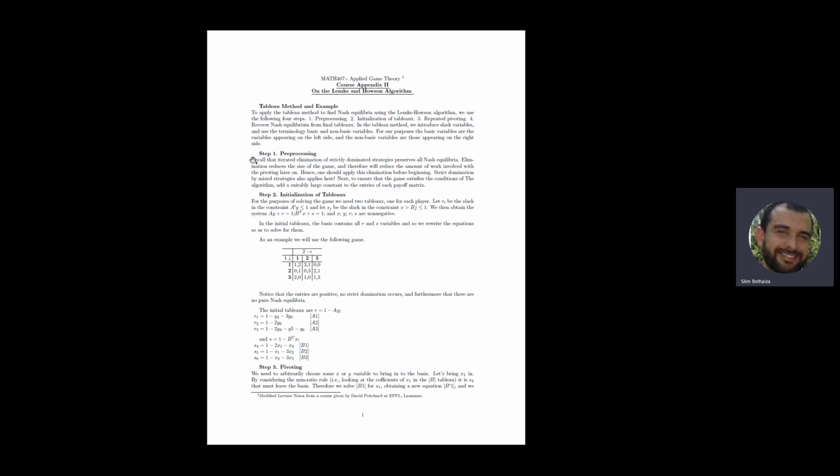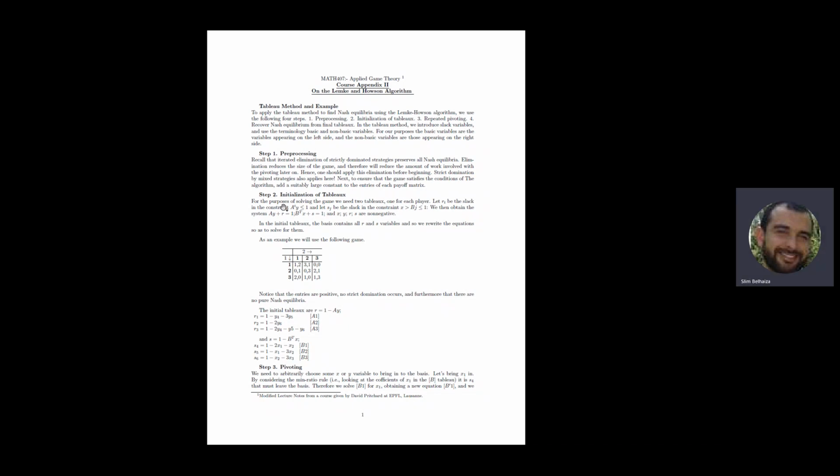Recall what we have seen in the first part of the lectures, 1 and 2, where we talked about strictly dominated strategies. Here you need to run your Bimatrix game through some strictly dominated strategies pre-processing, and eliminate them. This would generally reduce the size of the Bimatrix game.